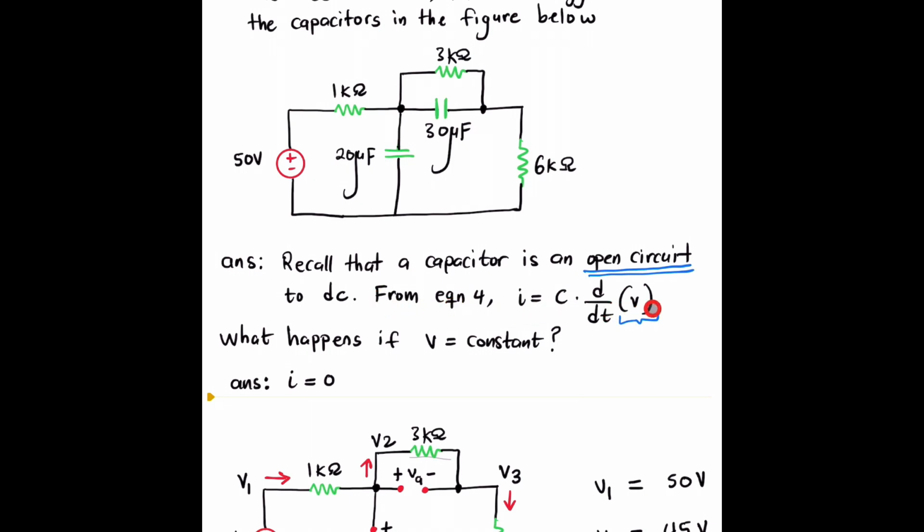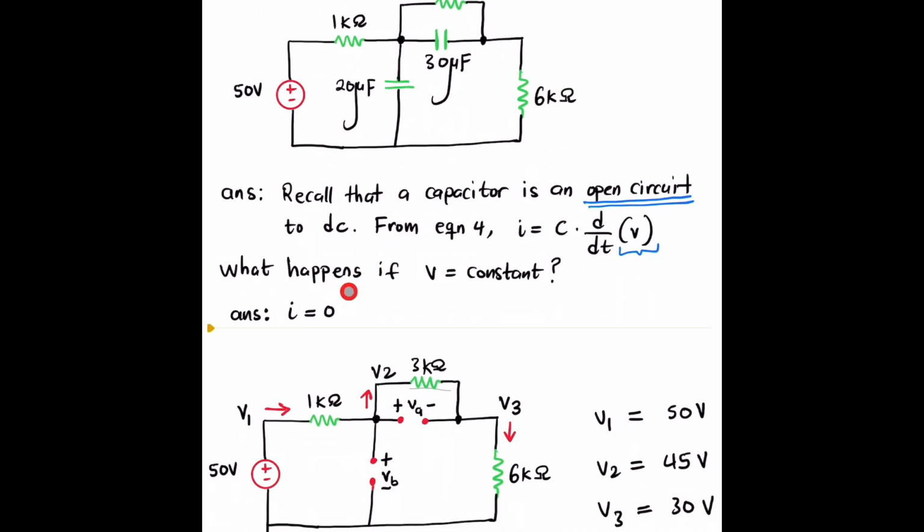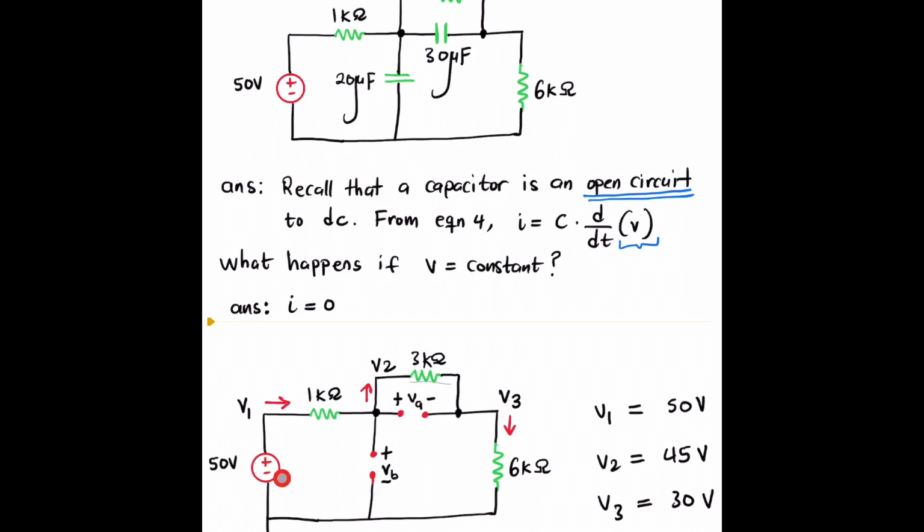From equation 4, we have this. So what happens if V is constant? The current is 0. So just remember, this capacitor is an open circuit at DC. So you see we open the circuit here, and here, we open the circuit here.